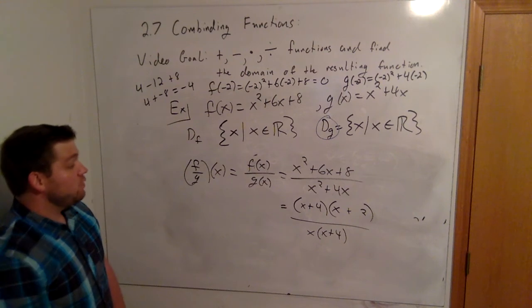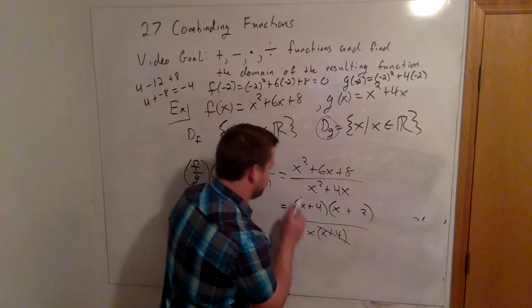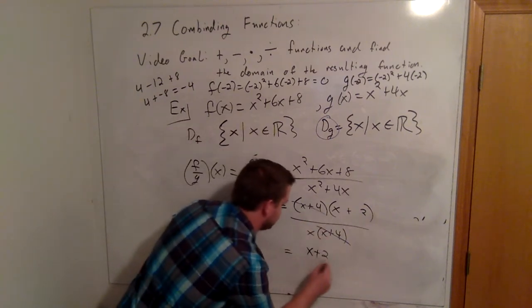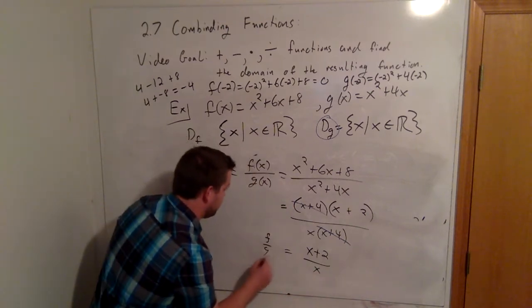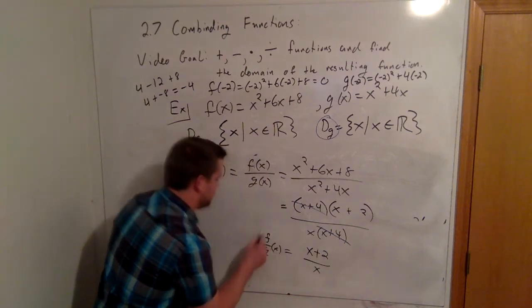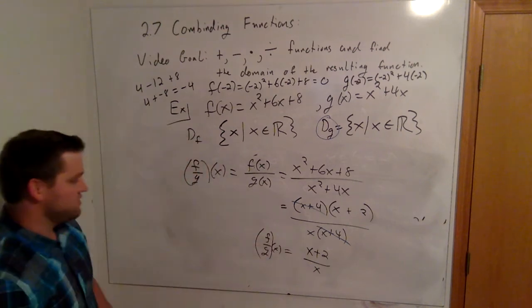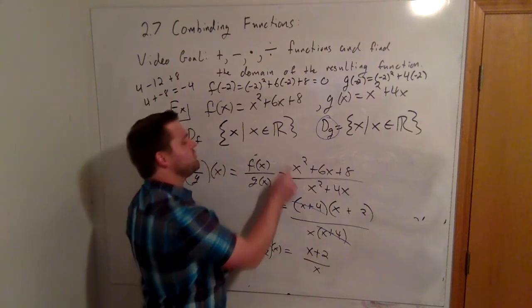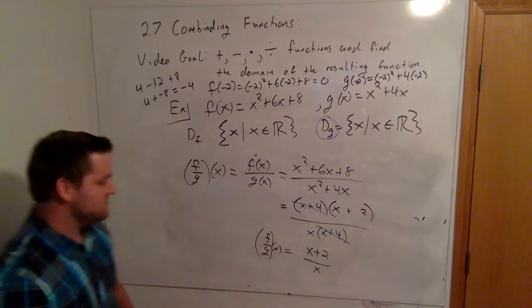Okay, so I guess we can simplify this by canceling out the x plus 4s. So I'm left with x plus 2 all over x. So here we have f divided by g of x is equal to x plus 2 over x. This is so much simpler to work with than evaluating this polynomial and doing the division.